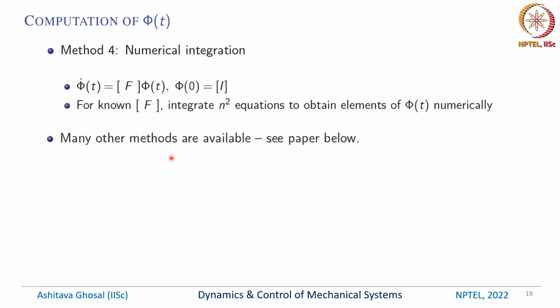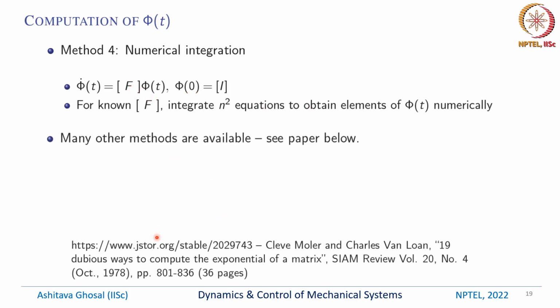There are many other methods which are available, which I don't want to go into, but there is a paper available in this link, written by Cleve Moler and Charles Van Loan. He is a very well-known linear algebra person. Golub and Van Loan, he is that same Van Loan. This is a very interesting way of saying how to obtain the exponential of a matrix.